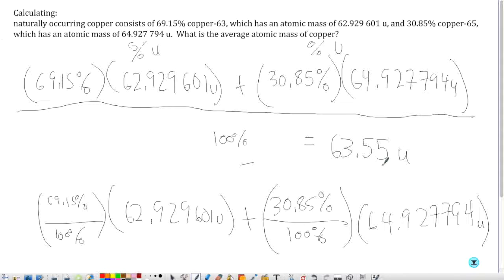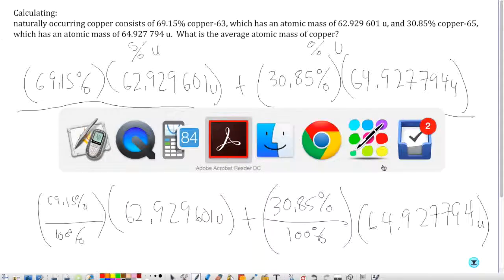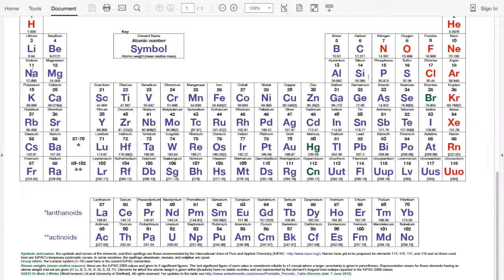All right. Now, one of the things that I want to do is I want to look at copper. And the average atomic mass of copper is 63.546, and you can ignore the stuff in parentheses, okay? There's an explanation down here that I don't want to go into right now, okay? Which rounds to 63.55.